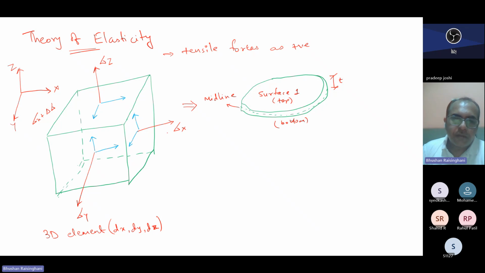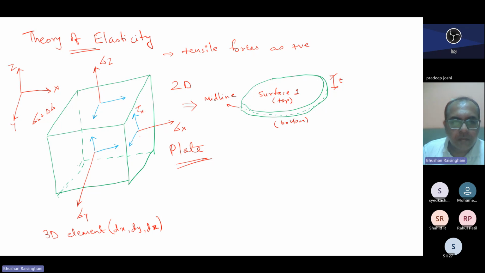So you can see the difference between the two objects that I have drawn, which is a 3D element. We have converted it into a 2D element, and that 2D element is a plate. Okay. So 3D element we have converted into 2D element called the plate. And what will be the difference now? So let me just draw the forces here, tangential forces in this 3D element.